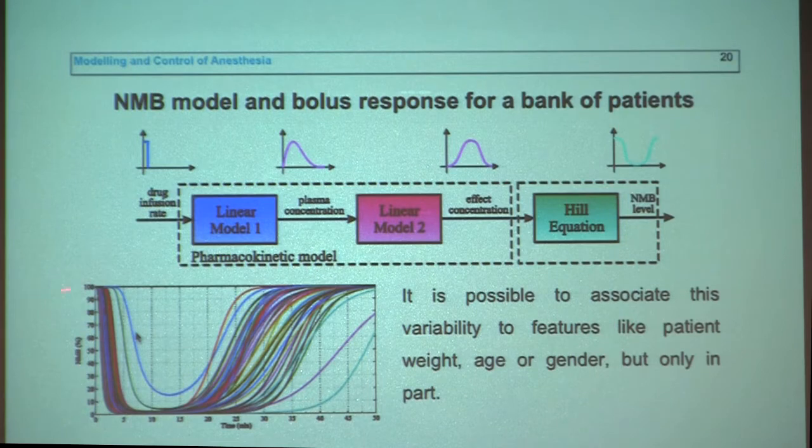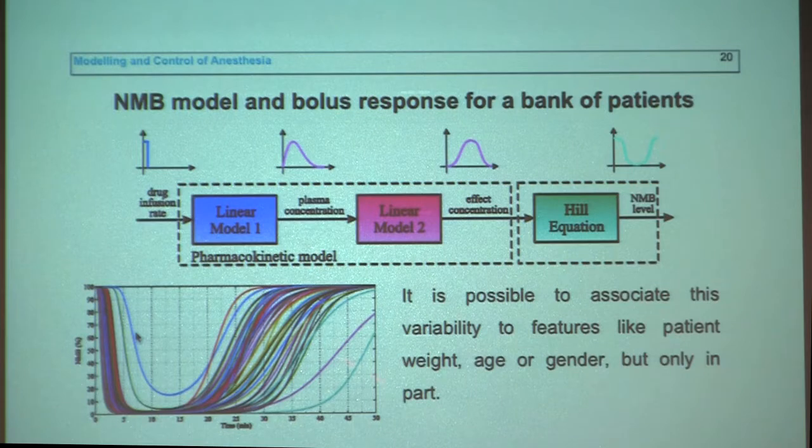Okay, so the person is at 100%, receives the bolus, the NMB goes down, and then the body starts to metabolize, and it goes up again. This is a simulation with, I don't know, maybe 50 patient models or something. You can see right from here a big variability from person to person. Okay, so we have identified data from 50 persons, and then we did the simulation.